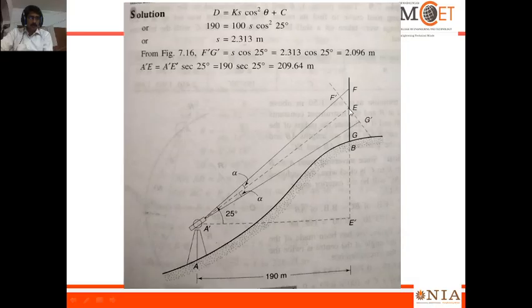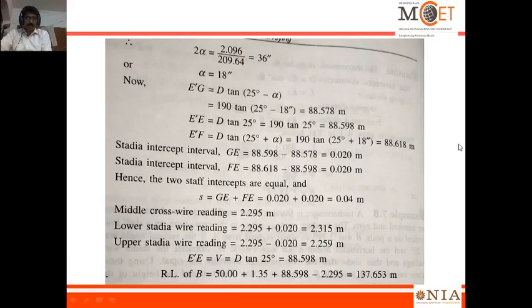From that middle reading, if you add 0.04 and minus 0.04, you will get the stadia reading, right? 2.315, 2.259. So E dash E is equal to V is equal to D tan 25, 88.598. So the R L of B is equal to 50 plus 1.35 plus 88.598 V minus H is equal to 137.653.